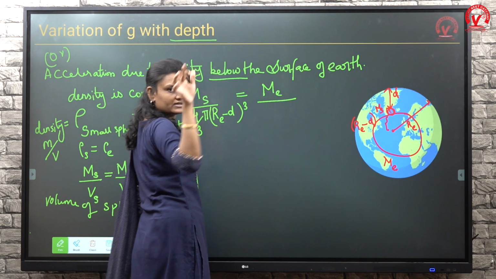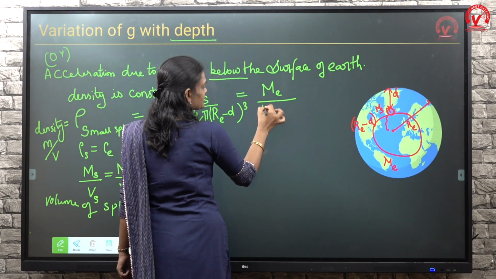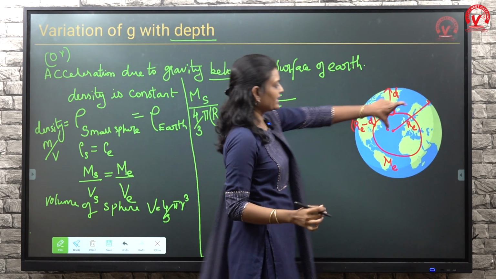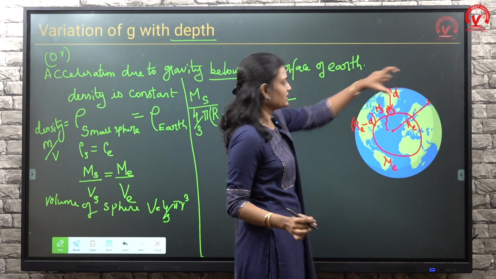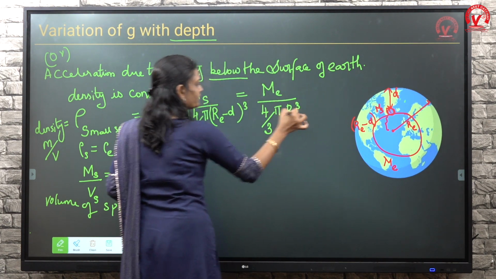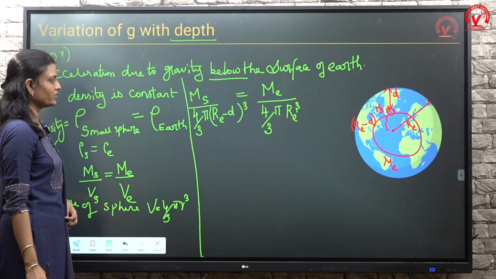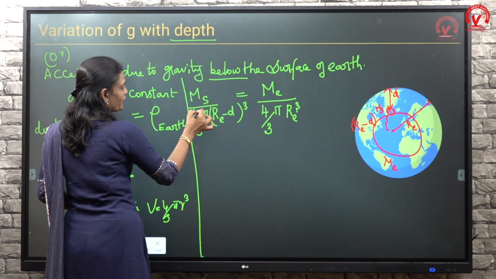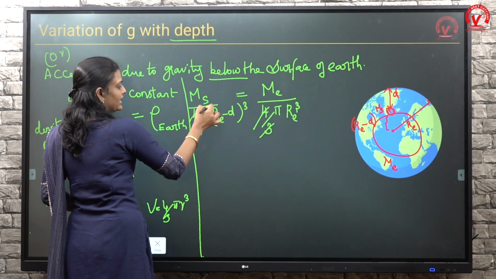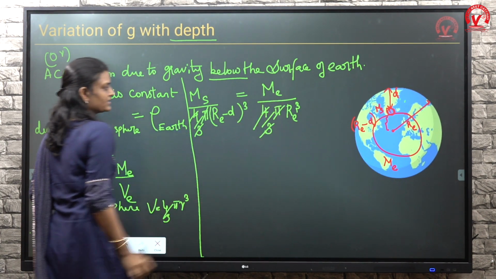Okay, it is spherical in shape, so the volume of the sphere is 4 by 3 pi r cube. We took the radius of the Earth as Re, so I can write this as Re the whole cube. Now 4 by 3 and pi get cancelled.